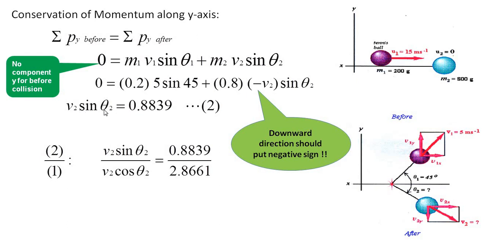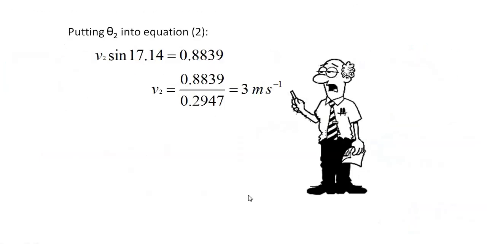Then we get v2 sin theta 2 equals 0.8839 for equation 2. Then we divide equation 2 over 1, so we get theta 2 equals 17.14 degrees. This is the direction of the struck ball. By putting theta 2 into equation 2, we solve it, and we get the velocity of ball 2 with a value of 3 meters per second.